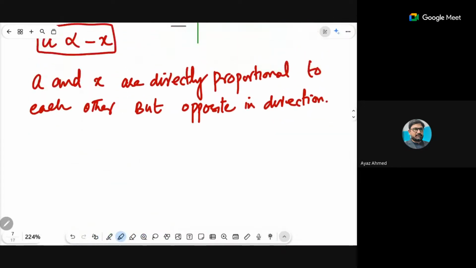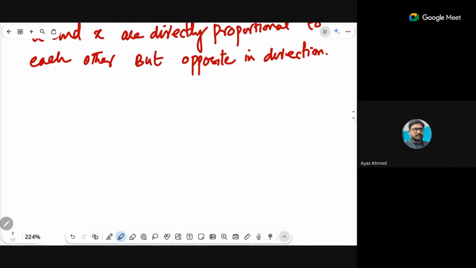Now, if I go ahead with the next equation, velocity was given by this equation: velocity is equal to x naught omega cos omega t. Do you people agree that this was the equation of velocity? Do you remember this?